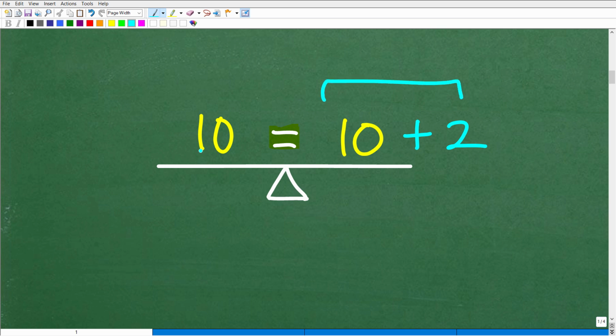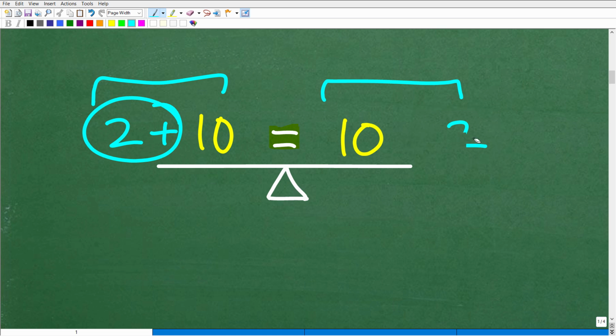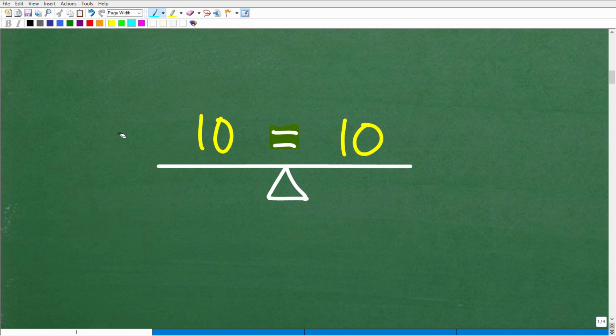So this is 12 and this is 10. Well, we can fix this situation by simply adding 2 over here, as long as we add 2 on the other side. That is the main idea in algebra when we're solving equations: whatever you do to one side of the equation, as long as you do it equally to the other side, you're allowed to do that operation.